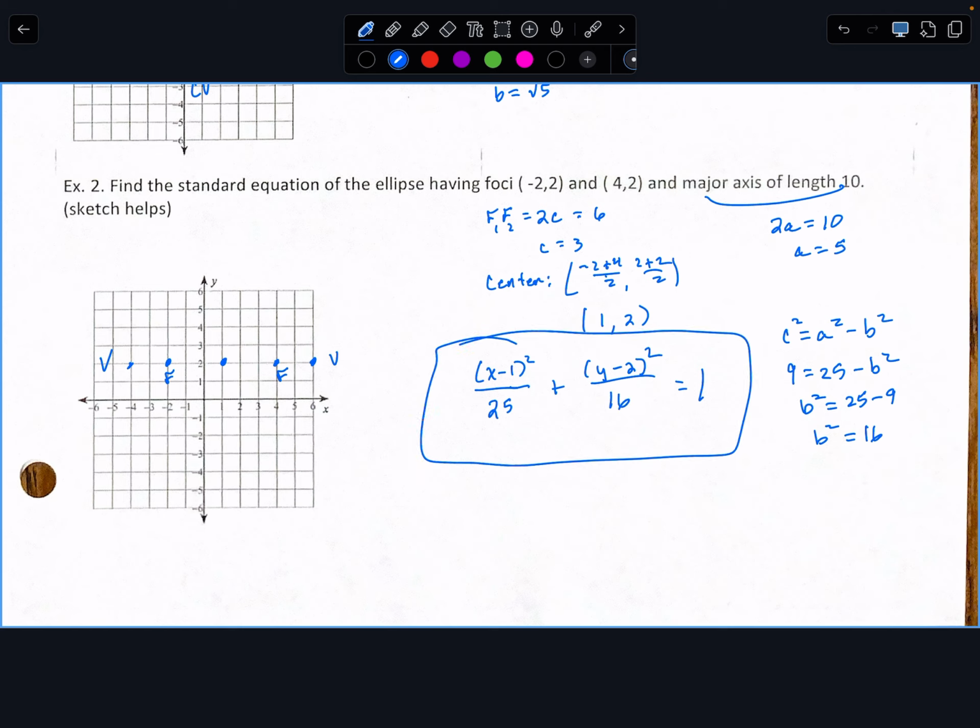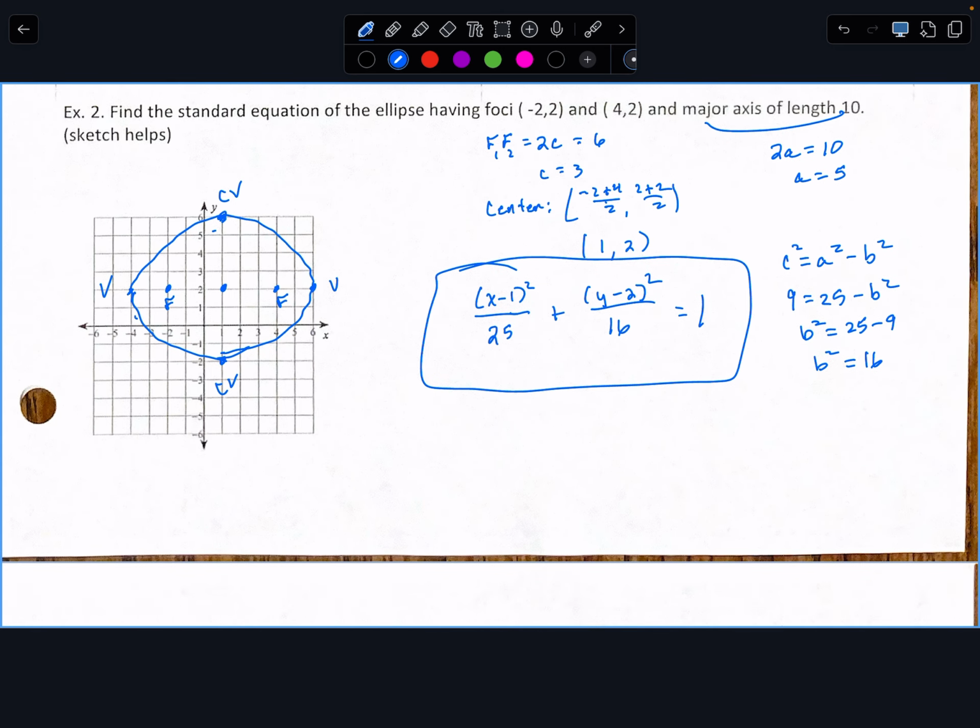And there's my equation. So it didn't require that you graph it. I mean, we could. But it's just there that sometimes it helps you with what is a squared, what is b squared, where to put it, and there you have it.